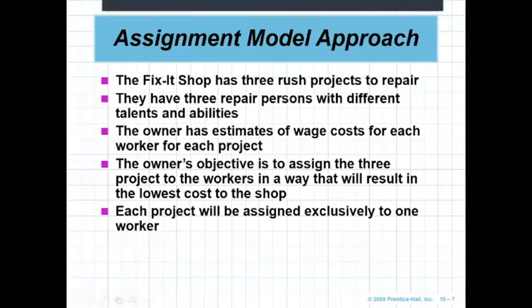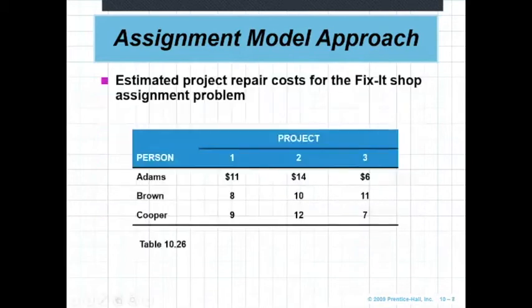The owner wants to estimate the costs so they can reach the lowest cost. Each project will be assigned exclusively to one worker. One worker, one project. One person, one job. That's the idea. So this is the combination, or this is the matrix.